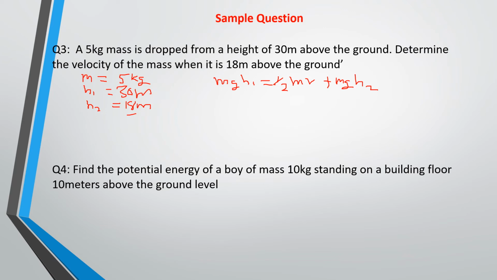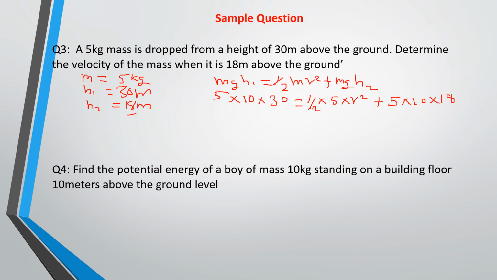So we have 5 times 10 times 30 equals half times mass, which is 5, times v squared, plus 5 times 10 times the height, which is 18 meters.